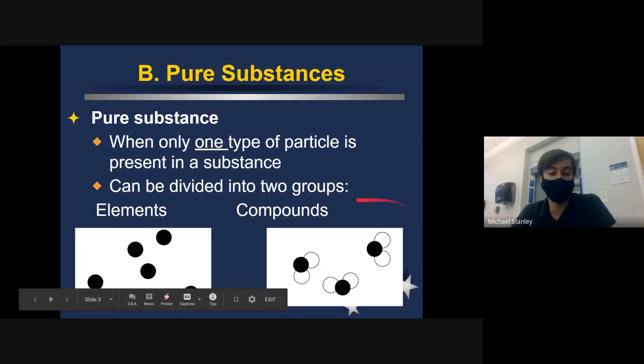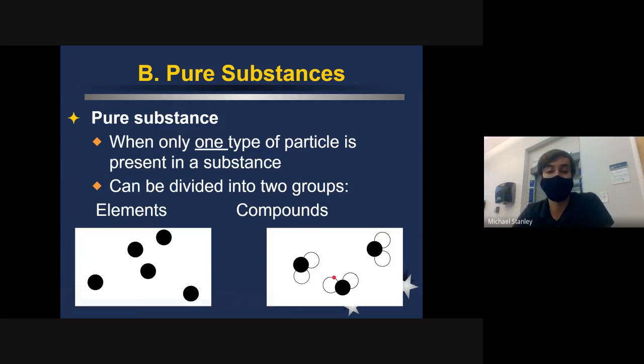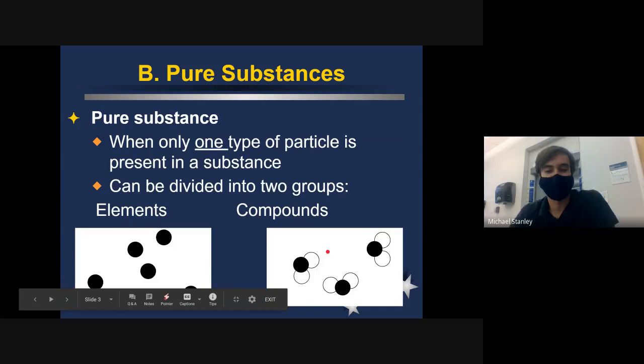And so in this little diagram over here, we have three different examples of a one black dot, two white dot compound, right? So each one of these particles is still the same. They're all two white dots fused to one black dot. So because it's the same compound, sorry, there's a phone ringing back in the background.